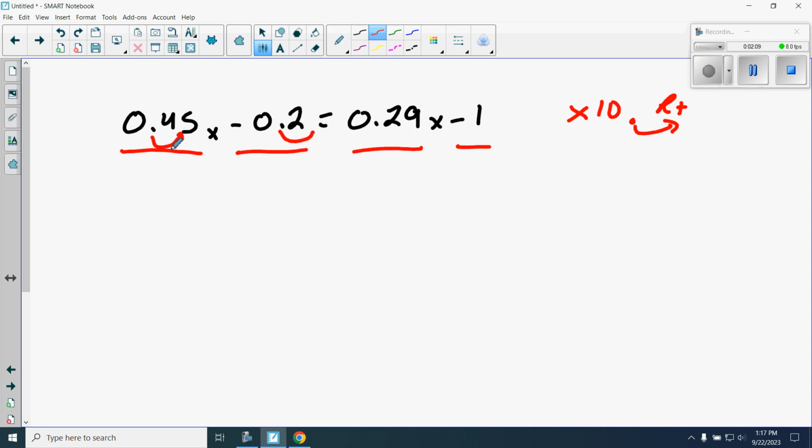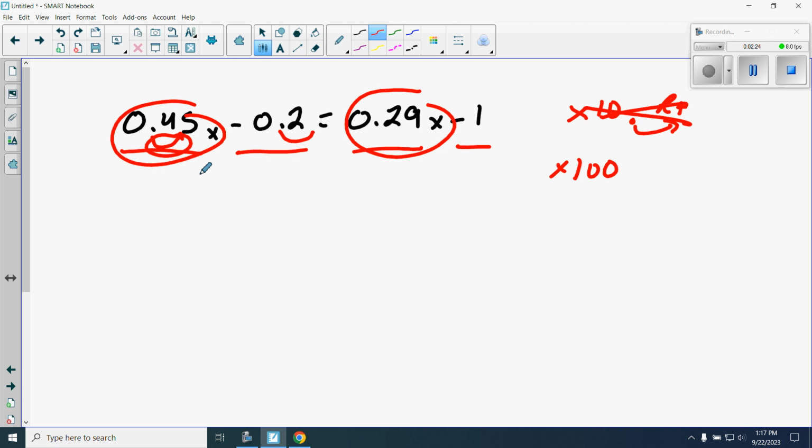Here it does, but there it doesn't. So the goal is to get rid of all of my decimals. I don't really want to multiply by 10. I want to multiply by 100. And 100 is going to get the decimal in this guy and this guy gone. And really, it'll get them gone in those 2 guys as well. We just won't care about that, because decimal's gone or decimal's gone.